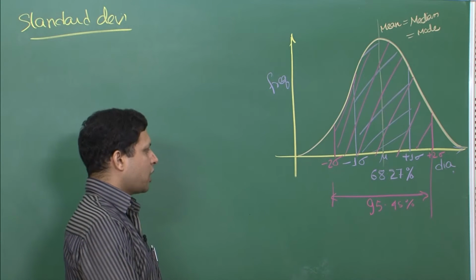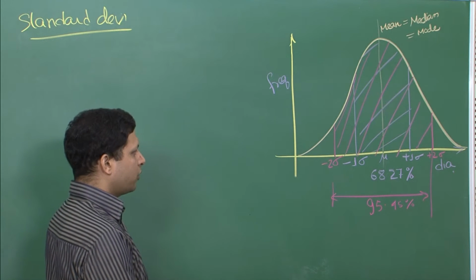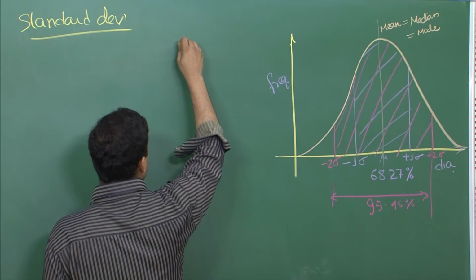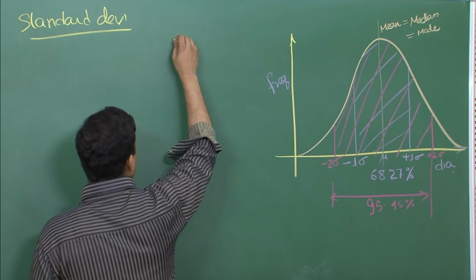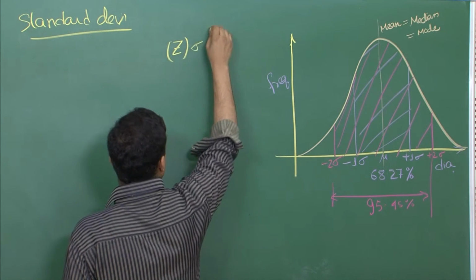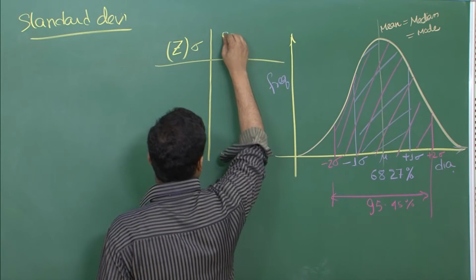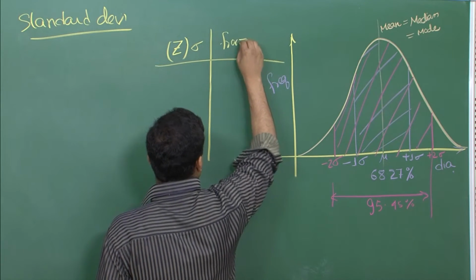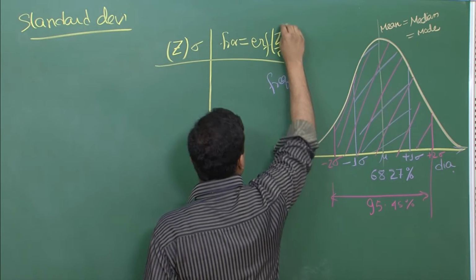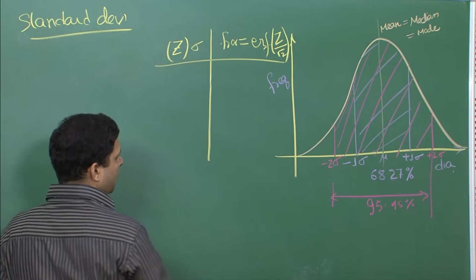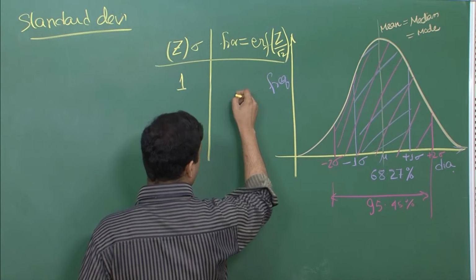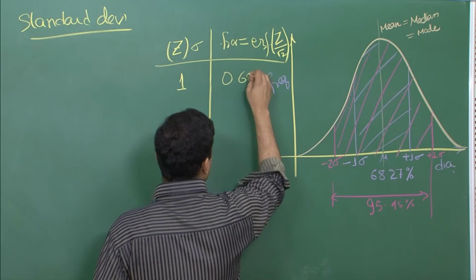So, this is not just an arbitrary number, these have been calculated from the form of the equation, and you can predict how much data will lie within that. So, for example, let us say z number of sigma we are talking about, then the fraction can be given by ERF of z by root 2, and therefore, if you are saying 1, then this is ERF of 1 over root 2, which comes out to be 0.6827 or 68.27%.